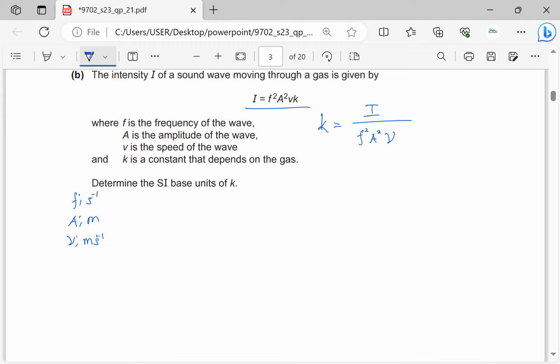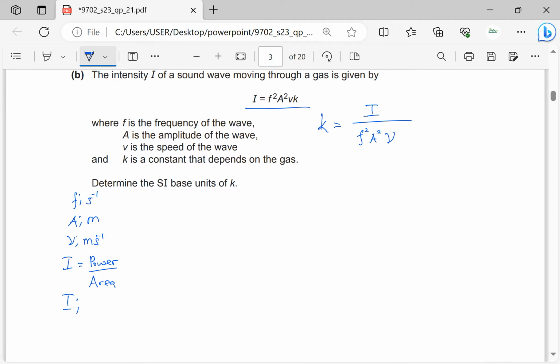Then we have intensity. We know that intensity is equal to power per unit area. The power of a wave per unit area, that is intensity. Now we know the units of intensity. So it means, we know the units of power. We know area is meters squared.